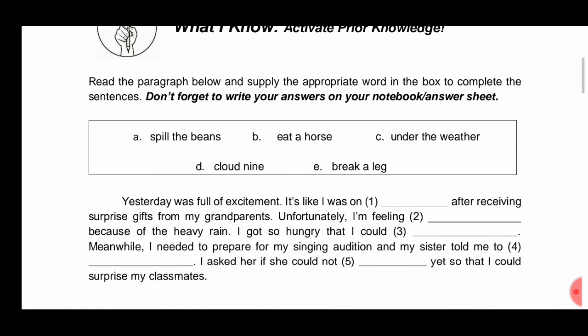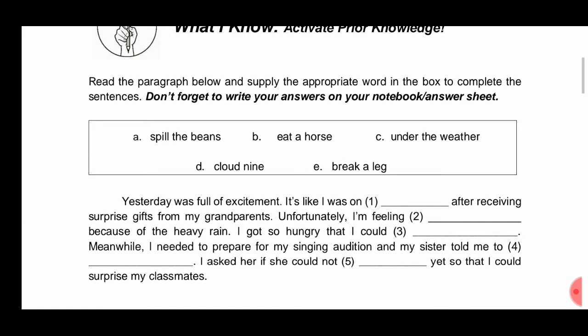For example, unfortunately, I'm feeling blank because of the heavy rain. So we are looking for the idiomatic expression that is related to the reason of having heavy rain. What is the feeling of the person? So we will look into our choices: spill the beans, eat a horse, under the weather, Cloud 9, or break a leg.